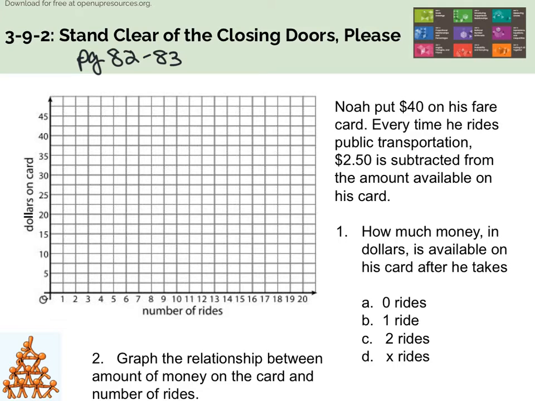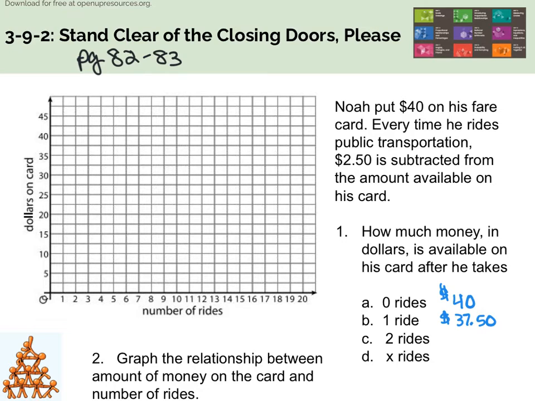All right, let's go ahead and answer it. At 0 rides, so he has not used his card whatsoever, he will have $40. Okay, and then let's think about it after 1 ride. Remember, every time he rides, it's going to take $2.50 off of the amount that is left on his card. So after 1 ride, he will have $37.50.